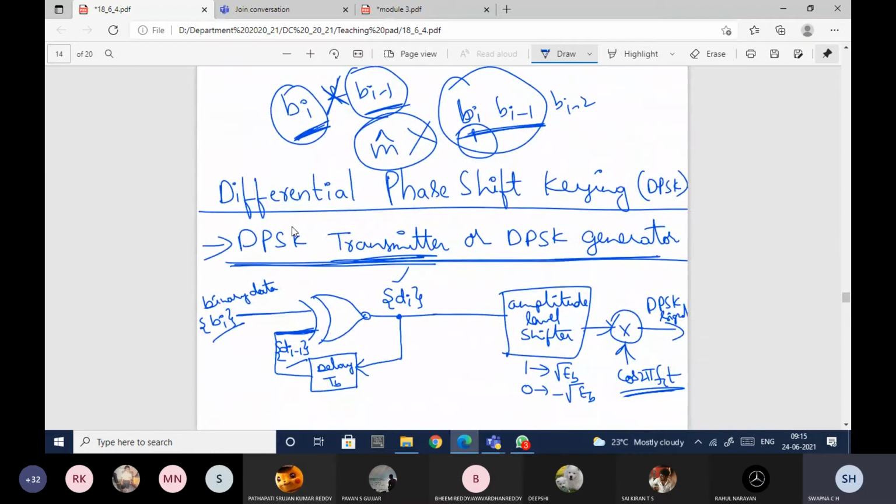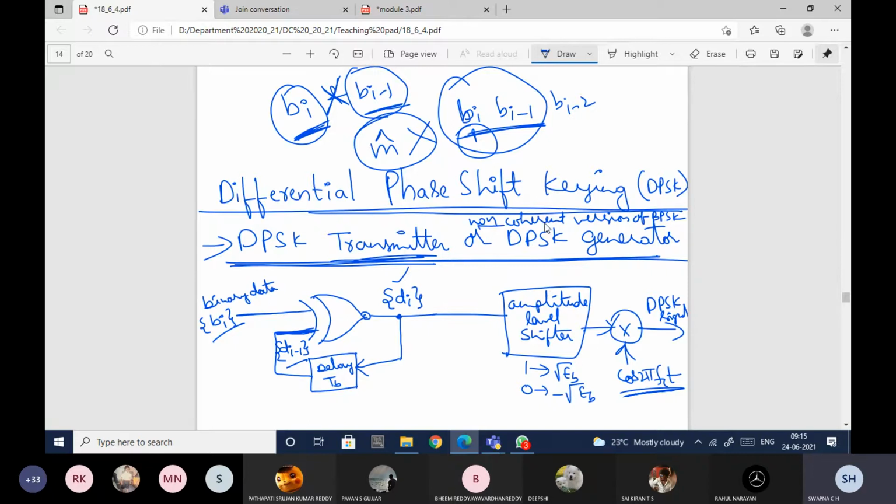So what we'll do, we'll go with differential phase shift keying. Non-coherent BPSK will not exist, so that is the reason we will go with DPSK. This is said to be the non-coherent version of BPSK.